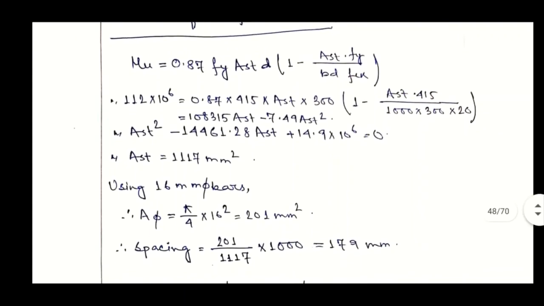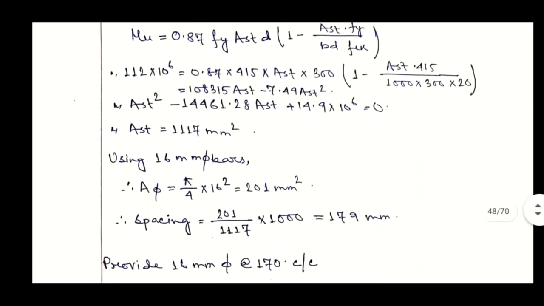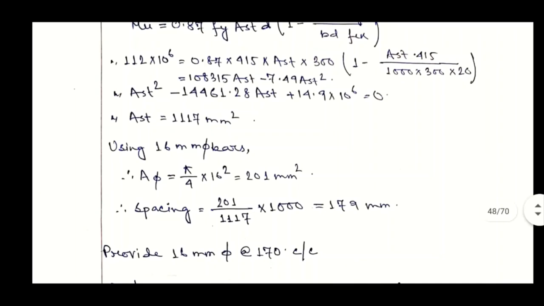Okay, so spacing will be 201 by 1117 into 1000, that is 179 mm. So we may provide 16 mm dia bar at the rate of 170 mm center to center, because we can deduct the spacing value, right?